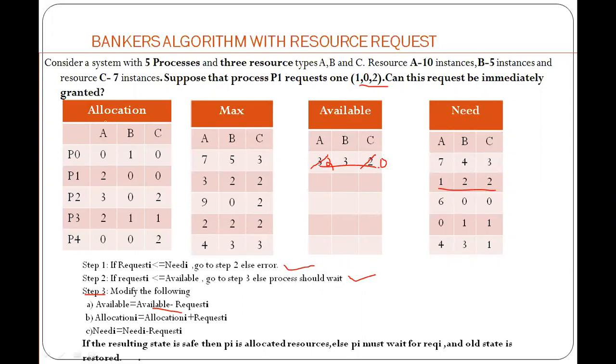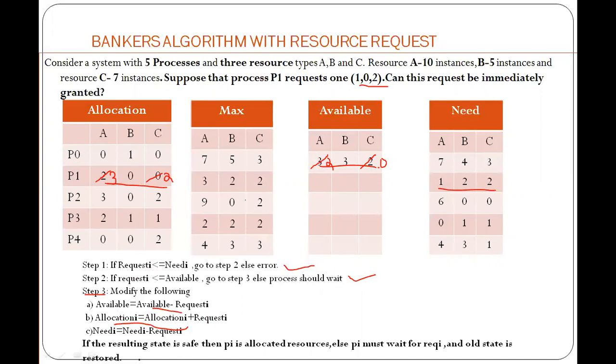At the same time, when P1 gets the amount, his bank balance is going to increase, right? It is from 200 rupees, he gets 102 rupees. So 200 should be added to 102, which becomes 2 plus 1, which becomes 3, and 0 plus 0 is going to be 0. What about 0 plus 2? It's going to be 2, right? So allocation is nothing but allocation plus request.